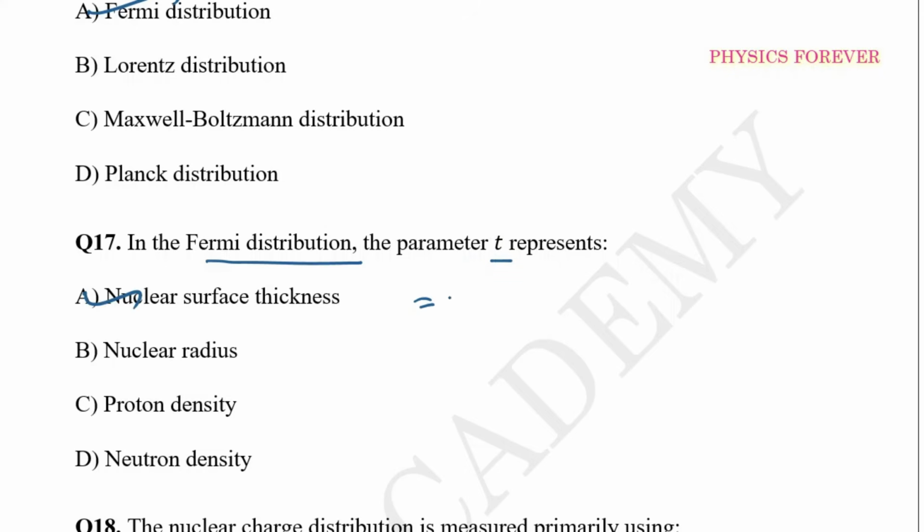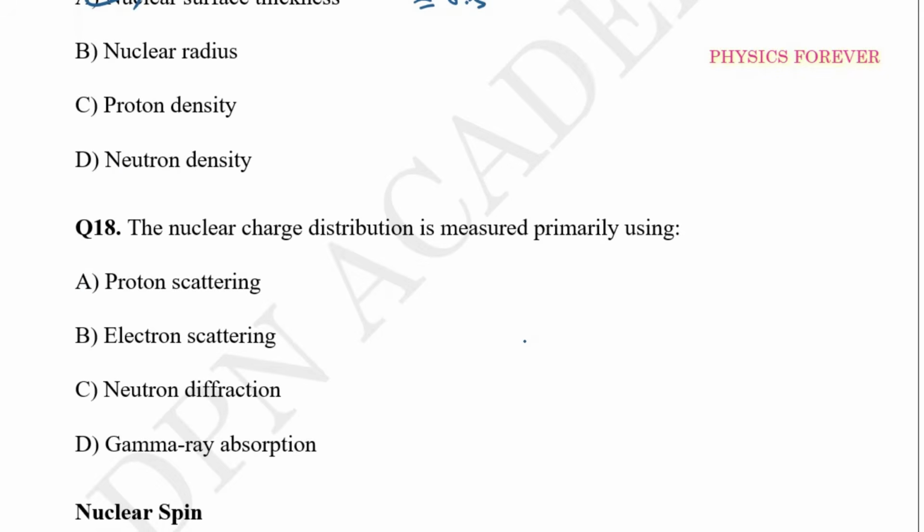The value may be like 0.5. Then question number 18: the nuclear charge distribution is measured primarily by electron scattering. Charge distribution, these are all the keywords.